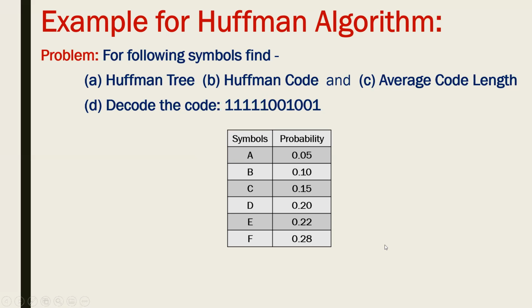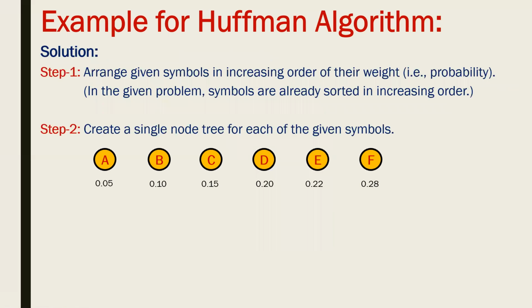Now, first of all, to get the Huffman code or average code length, we have to first calculate the Huffman tree. So let us move to calculate the Huffman tree. There are some steps to generate it. Step 1 is to arrange the given symbols in increasing or decreasing order of their weight, but it is not so necessary.